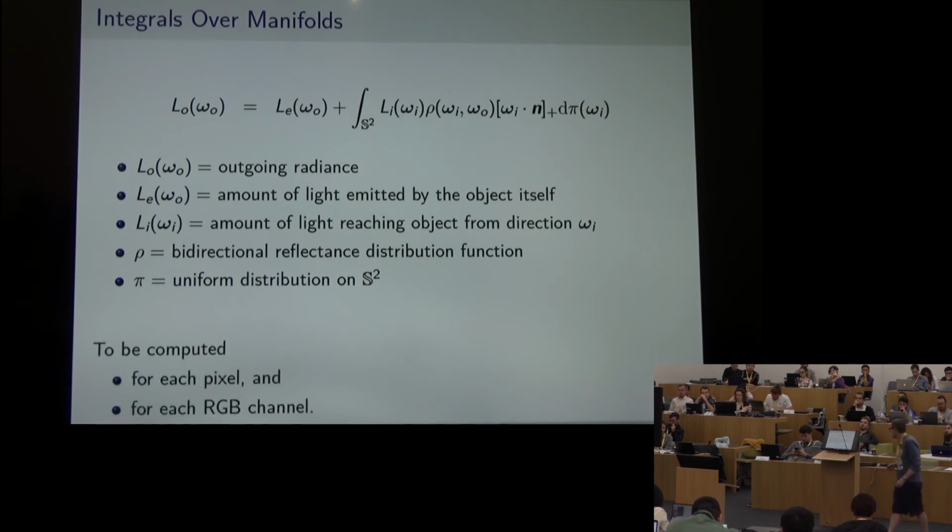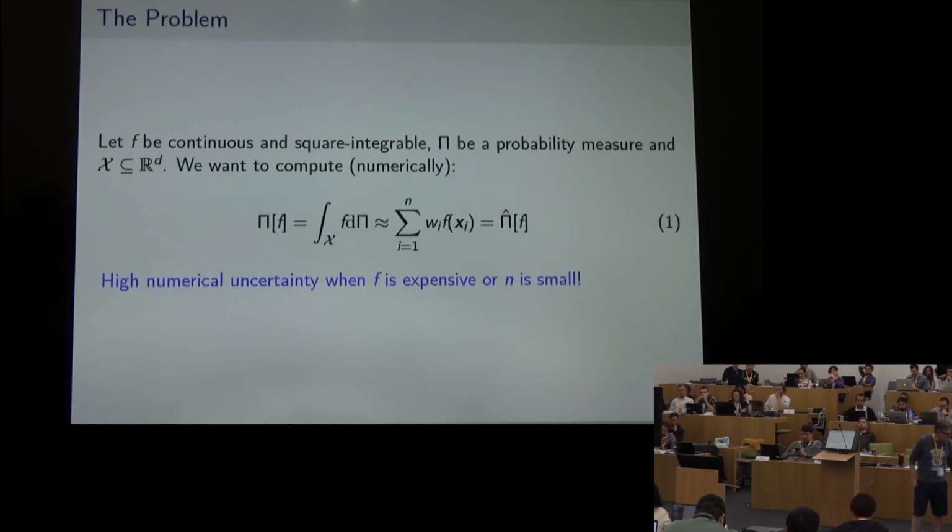And what needs to be computed is this integral L0 for each pixel and for each RGB channel. And so the question is, can we do it efficiently? Because we can't compute this integral analytically, so we need to do it numerically. Can we do it in a consistent and a reasonably rapid manner? So that's what we want to do.